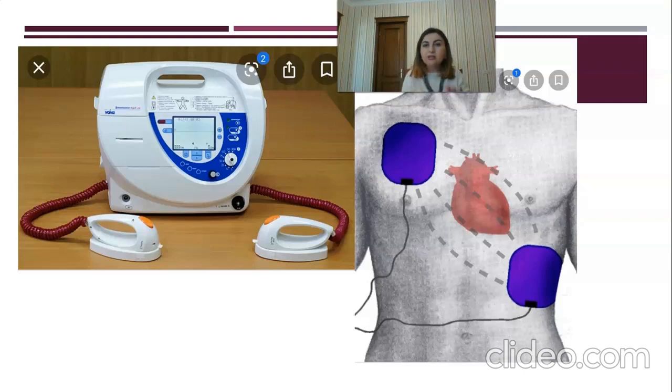But with a larger current, like 10 milliamperes, it can cover the whole area of the muscle, and there wouldn't be any fibrillation or desynchronization of the working of the heart muscles.